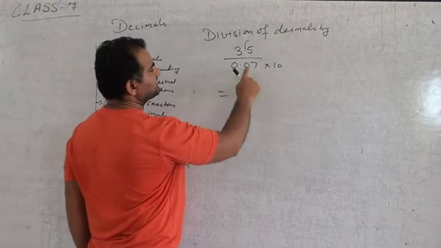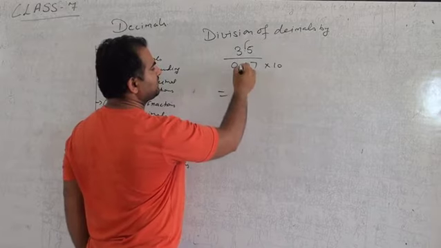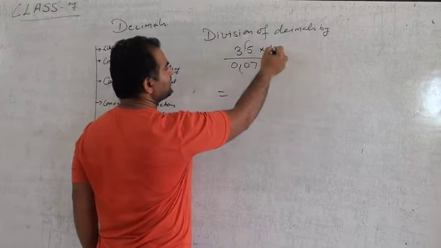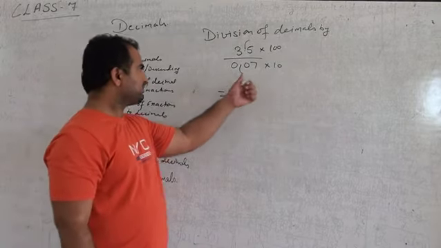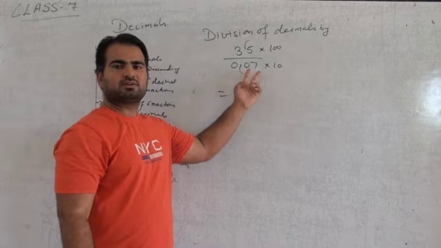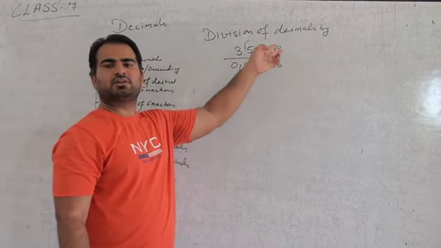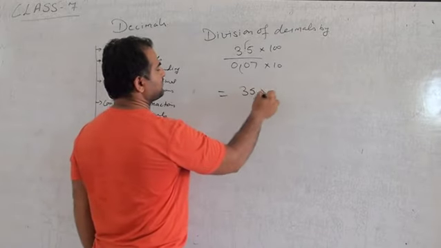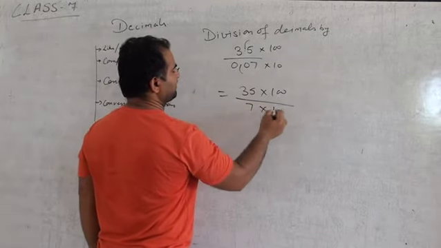When we remove the decimal from the denominator, the 10, 100 or 1000 will go up to the numerator. It was 0.07, there were 2 digits after the decimal, so we have to place 100. We have done it above.